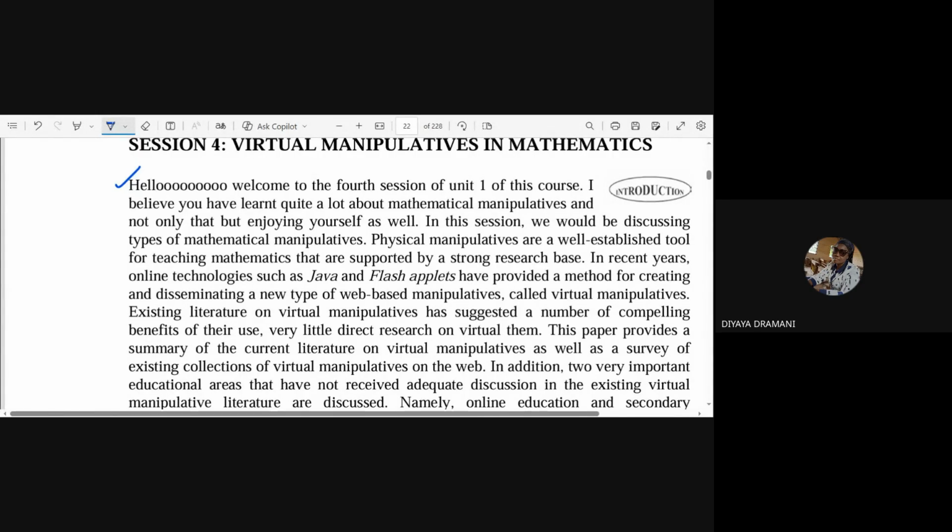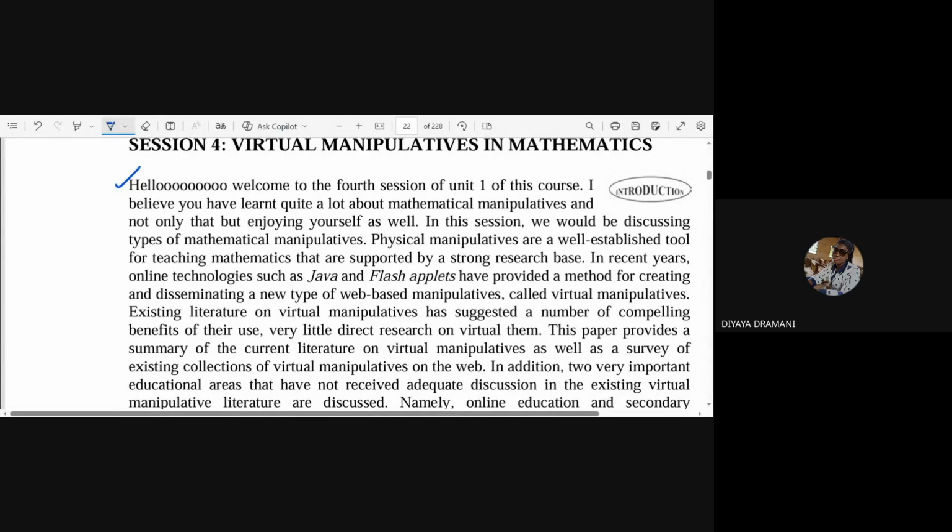In recent years, online technologies such as Java and Flash applets have provided a method for creating and disseminating a new type of web-based manipulatives called virtual manipulatives.